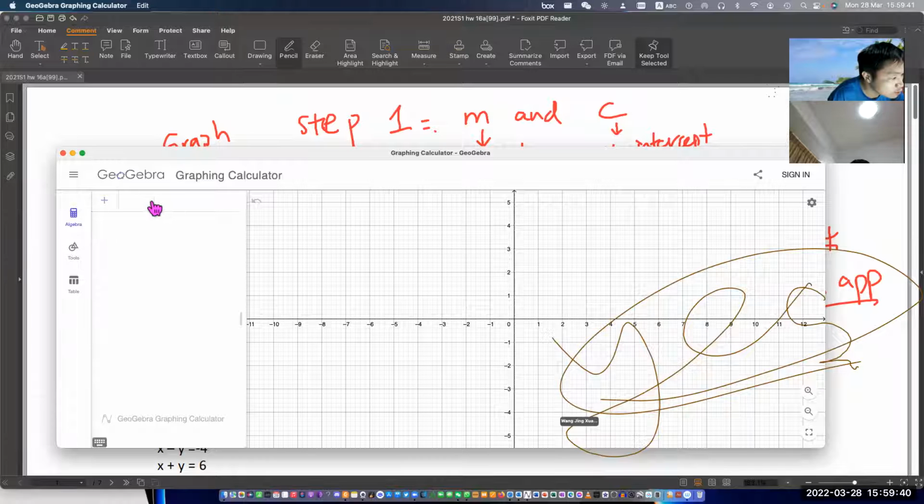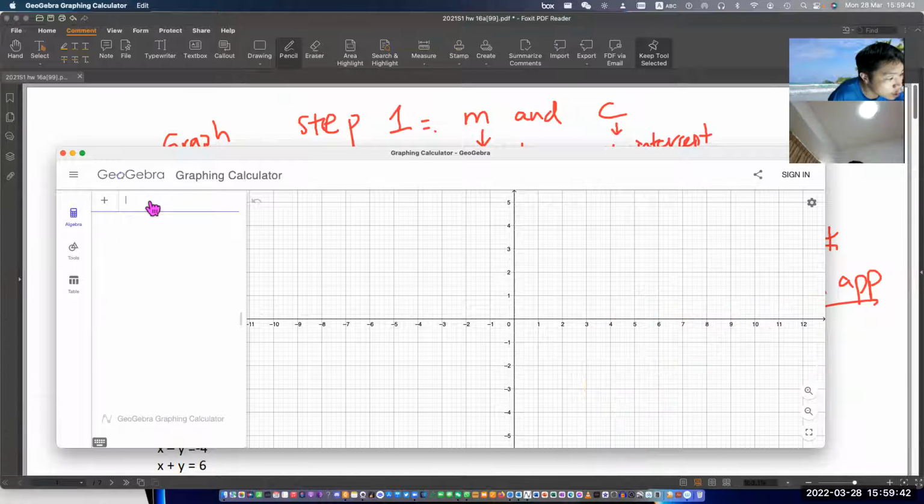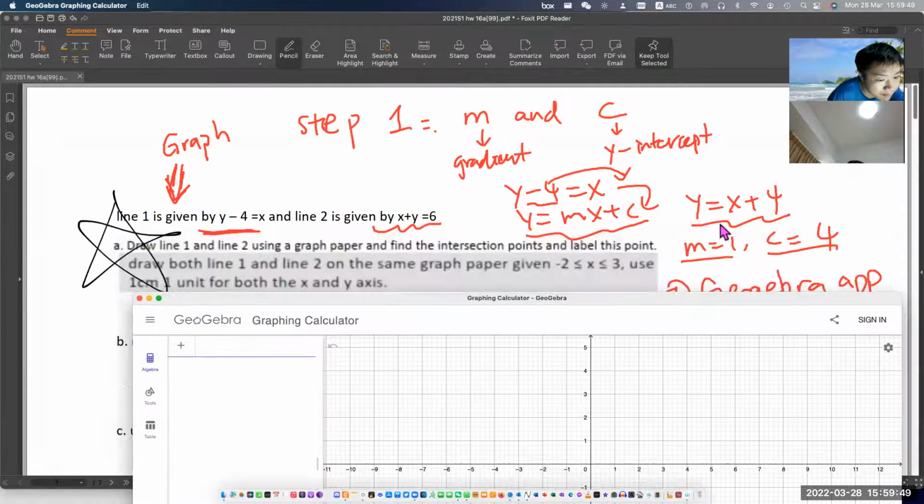Can you see that you can actually key in the equation into it, and then you will get the line out? So what's the line 1 equation? This is the equation, right? y is equal to x plus 4. Okay, so basically line 1 is given by y equals x plus 4.